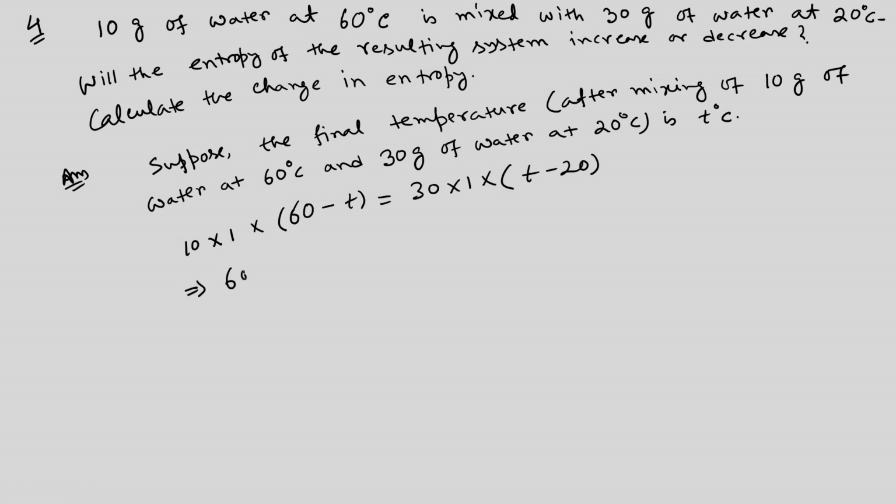So we get 600 minus 10T equals 30T minus 600. So, we get 40T equals 1200.